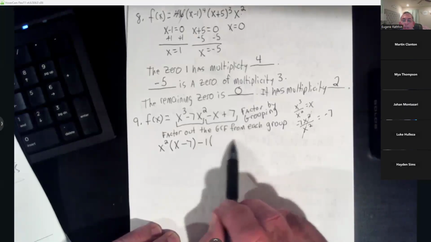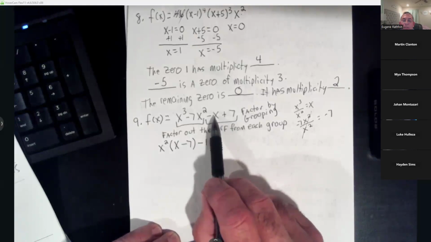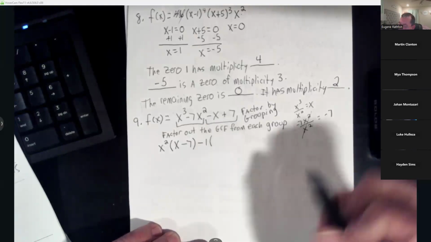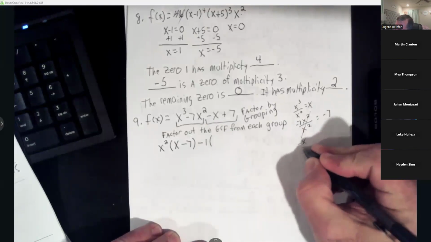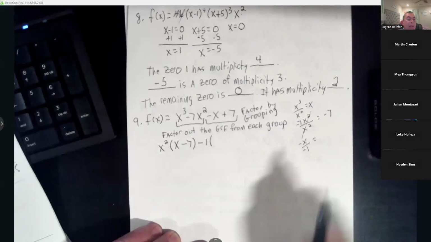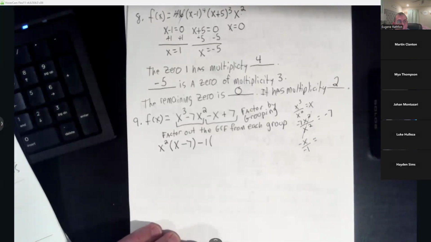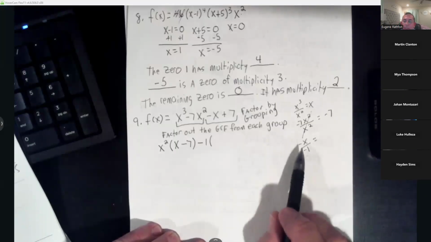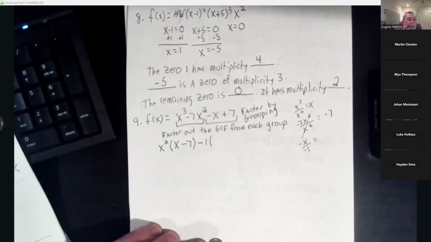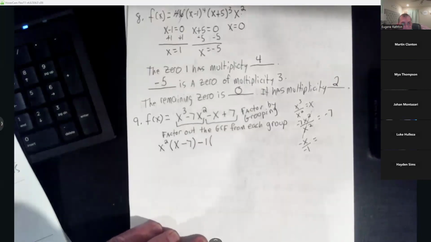So I need what's going in these parentheses. What's a negative x divided by negative 1 give me? A negative divided by negative is a positive.